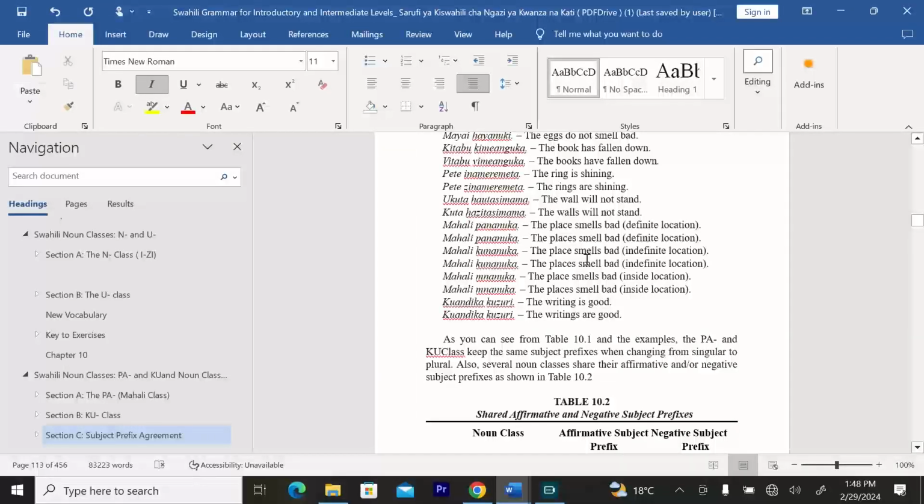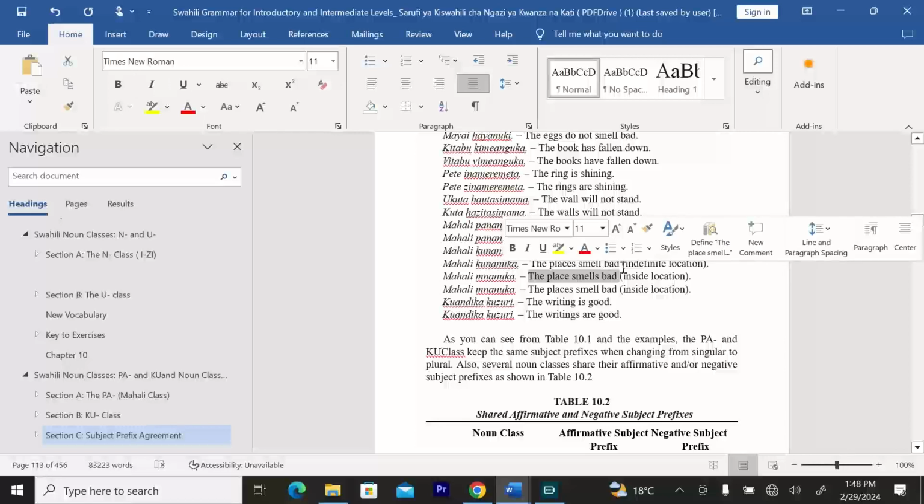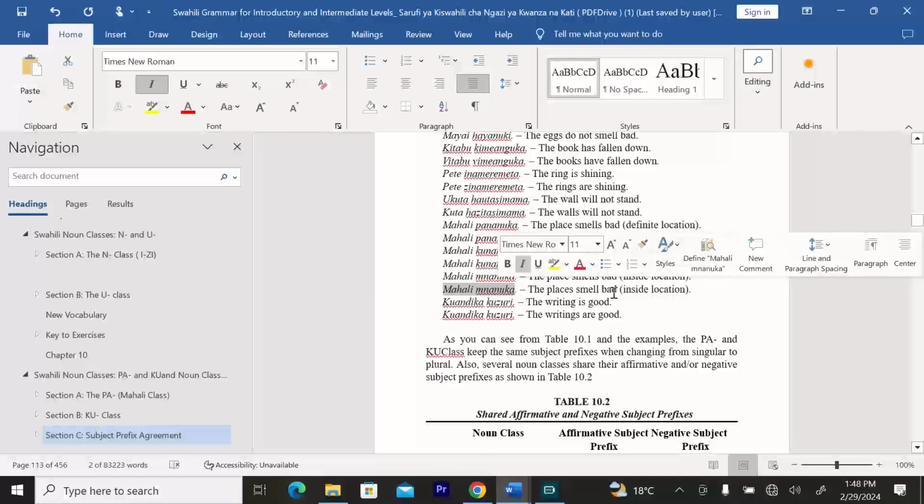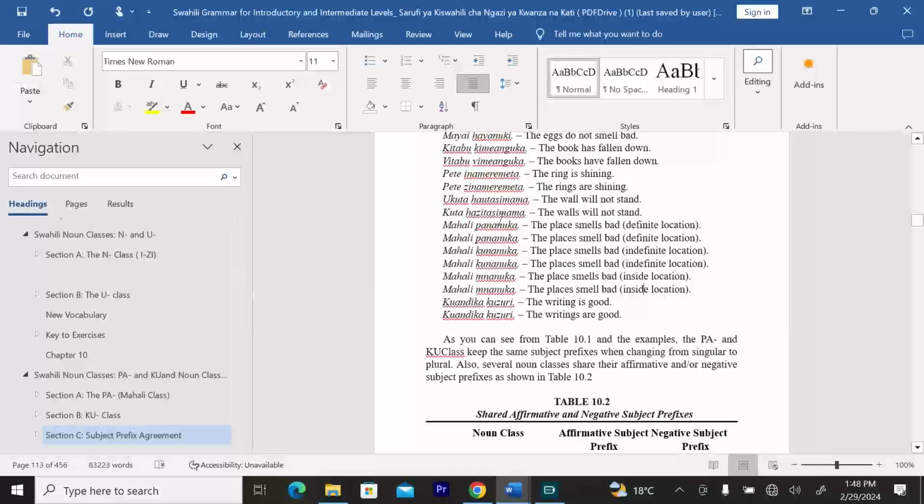We have mahali mnanuka, which means the place smells bad, but it's inside the location.